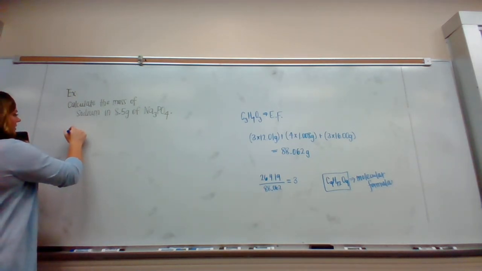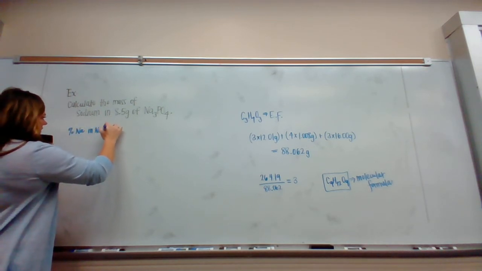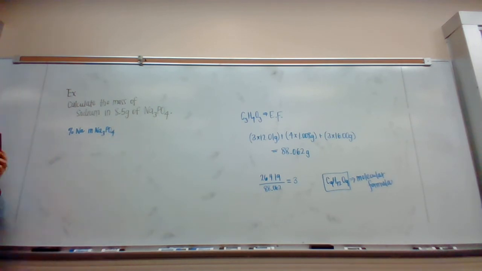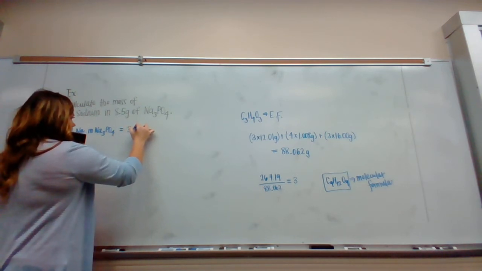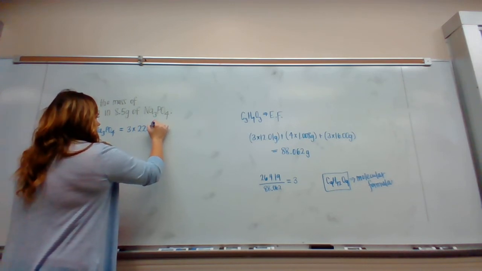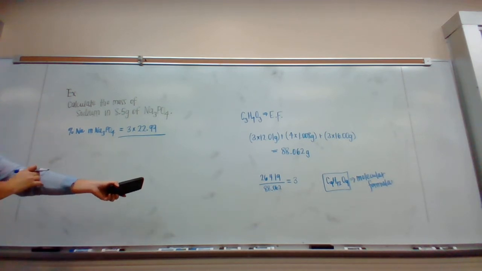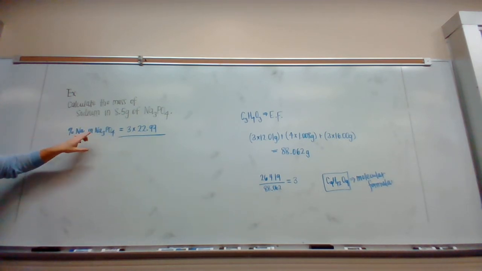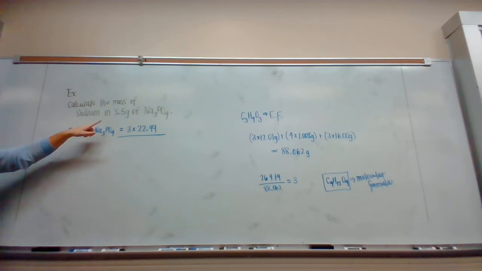Let's find the percent of sodium in Na3PO4. To do that, I'm going to say 3 times sodium's mass. I'm just going to type the next part in my calculator. I'm going to divide that by the mass of this entire thing.